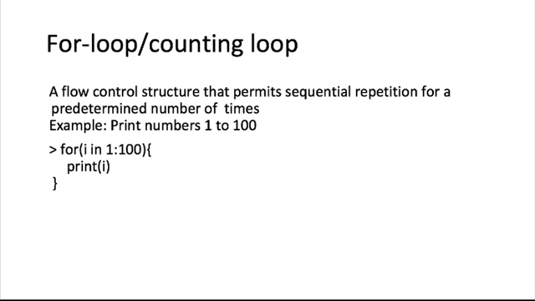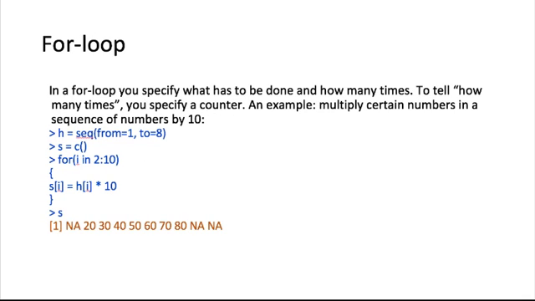So for instance, in this example, I want to print numbers 1 to 100. I can create a for loop, which is a counting loop. And if I say for the variable I in 1 to 100, print I. So it's going to print 1, 2, 3, 4, etc. So a loop allows me to perform an action repeatedly many times.